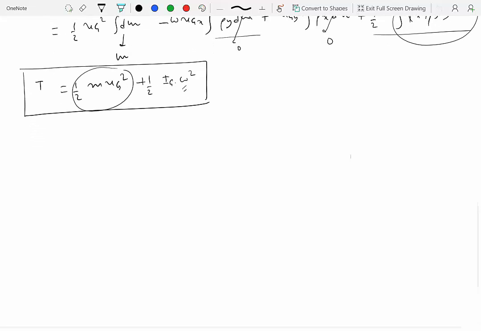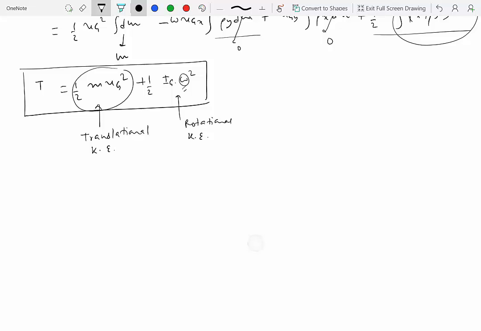Now, in this expression, these 2 terms have a specific name. This is called translational kinetic energy, while this term is called rotational kinetic energy, because the rotational kinetic energy term arises from the rotation of the rigid body, and if it is a non-zero omega, then rotational kinetic energy would be non-zero.